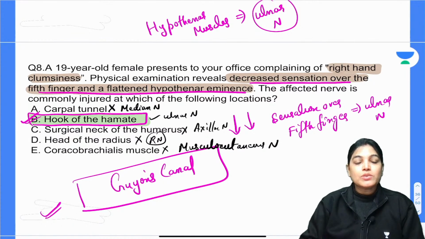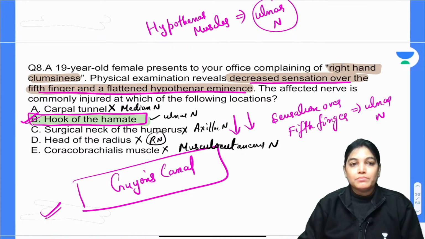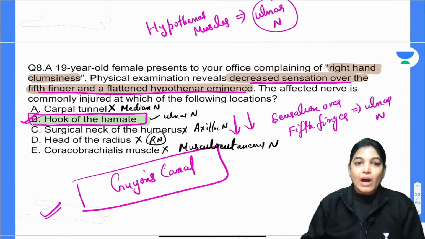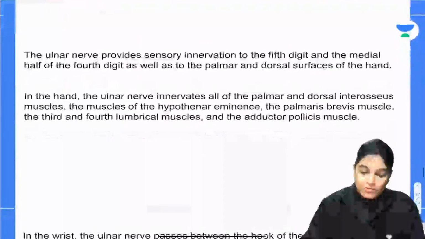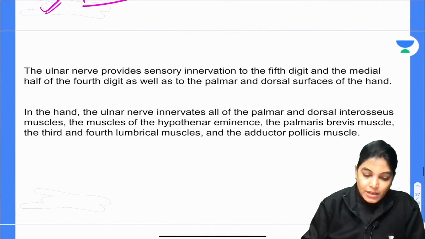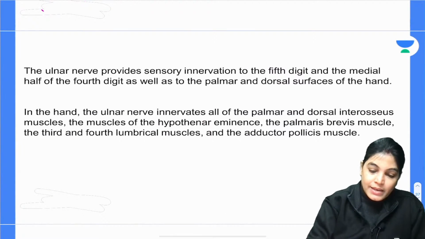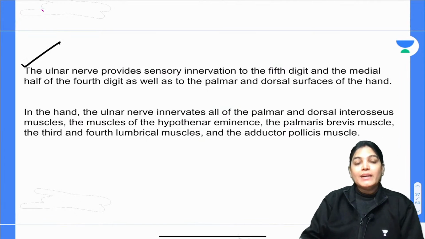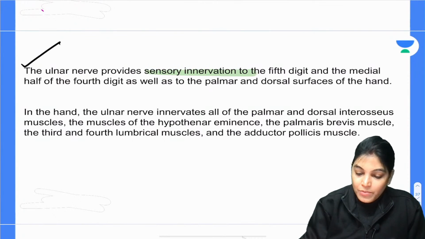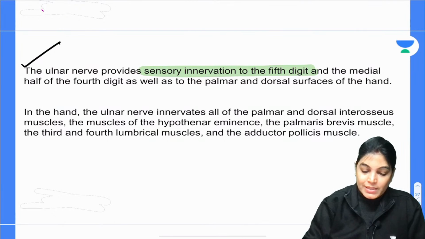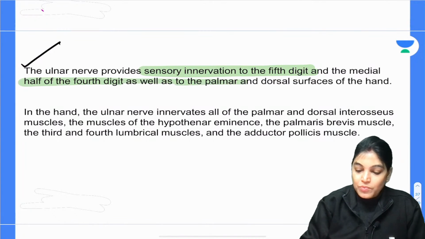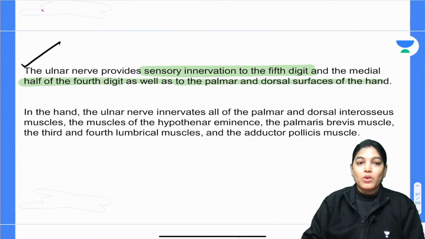Got it? I have ruled out all the other options, and for the correct option let's come up with more explanation. So here in this case, as we have already discussed, the ulnar nerve provides sensory innervation to the 5th digit and medial 1.5 digits on both the palmar and dorsal aspect.